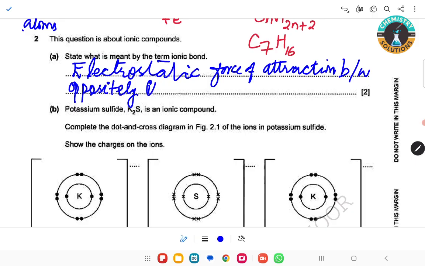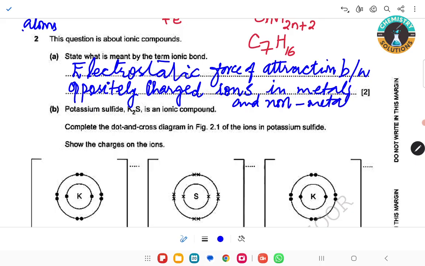Always remember that the metal forms a positive charge by losing its electrons. So electrostatic force of attraction between oppositely charged ions in metals and non-metals. Metals contain positive charge and non-metals have the negative charge by gaining the electrons.